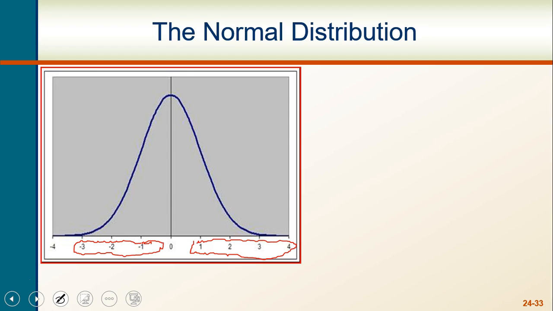You will also perhaps remember from your statistics courses that 68% of our data lies within one standard deviation on either side of the mean.